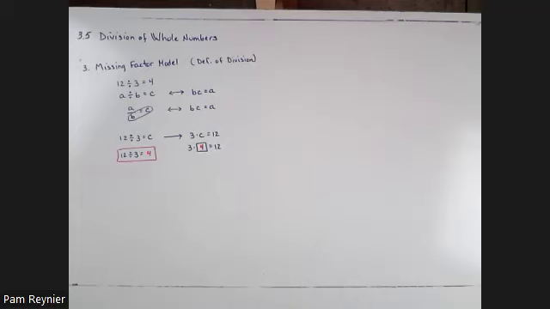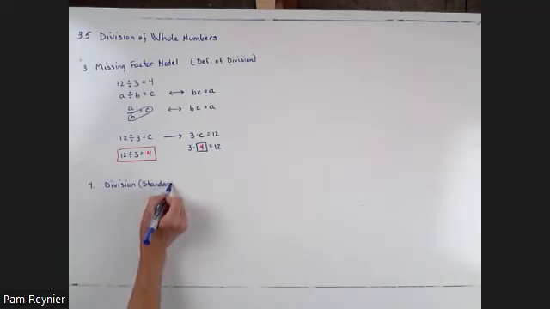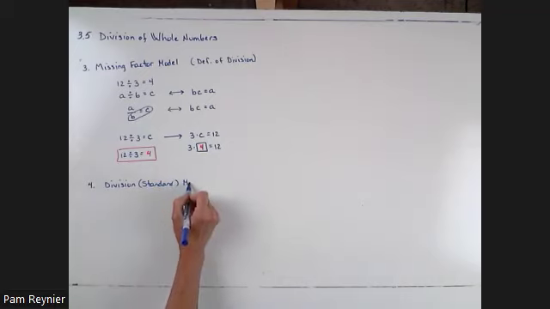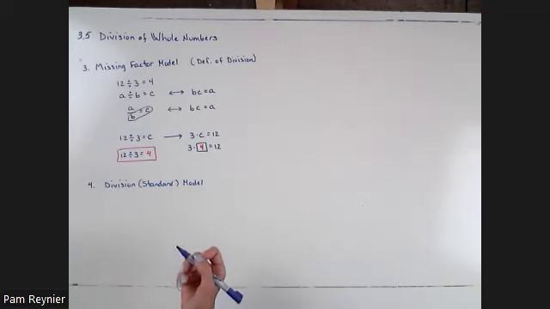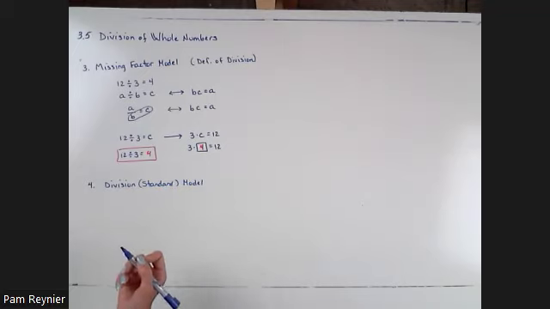Now, we can also look at kind of a standard model, division algorithm. This is what you and I probably remember doing. This is a division model, sort of the standard model. Because sometimes we end up with a remainder.